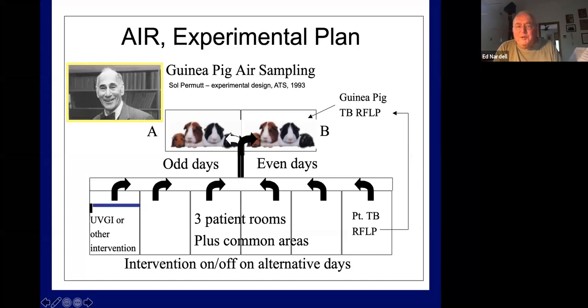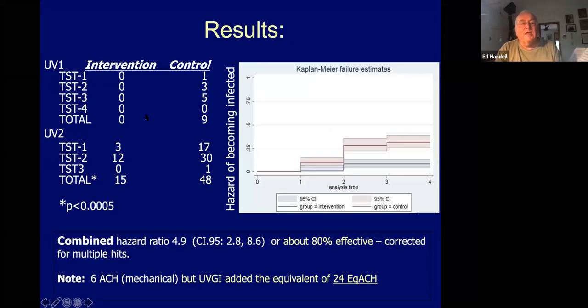So the difference between the infection rate on the days when the UV in the rooms was on or off is measured by how likely it is that these guinea pigs get infected in A versus B. Here you see the numbers of guinea pigs infected in the intervention UV room versus the control room.